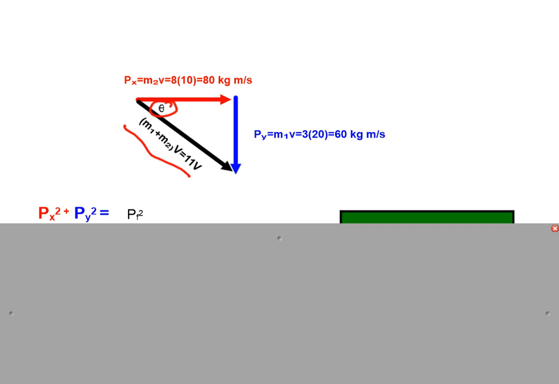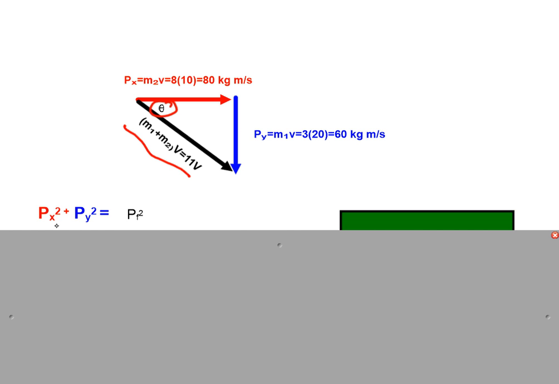So our mission here is to calculate two things: the length of this and also the angle theta over here. Let's take one thing at a time. First, let's calculate the length of the black vector. That's not too hard, because its length squared is just px squared plus py squared, where px is just this and py is just that.